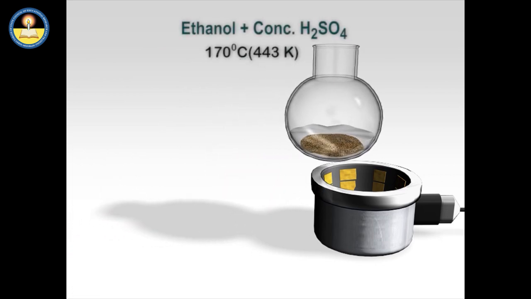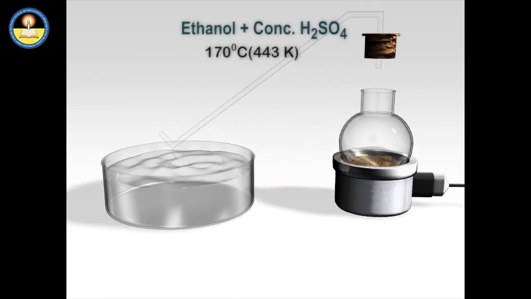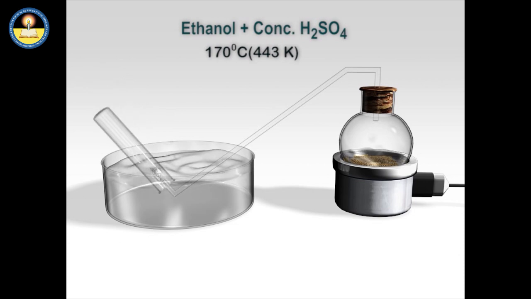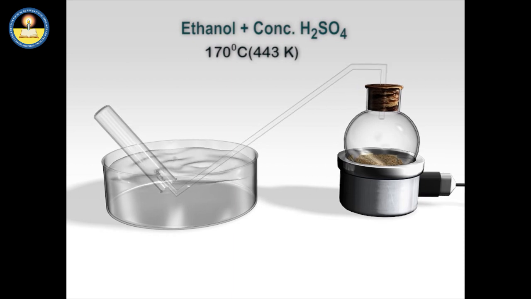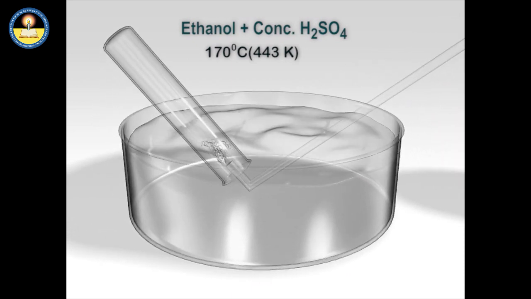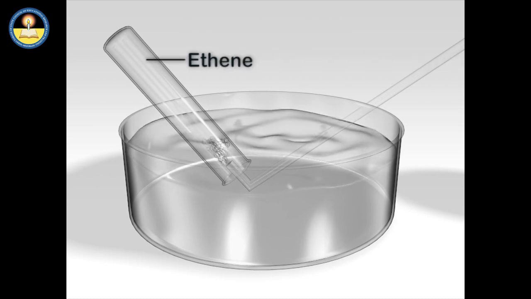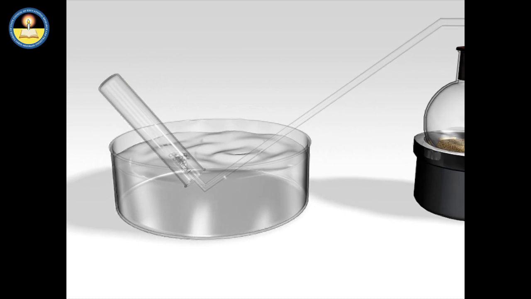When ethanol is heated with excess of concentrated sulfuric acid at 170 degrees centigrade, that is 443 Kelvin, it gets dehydrated to form ethene, which is an unsaturated hydrocarbon.